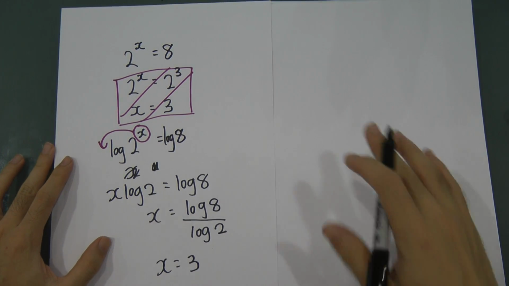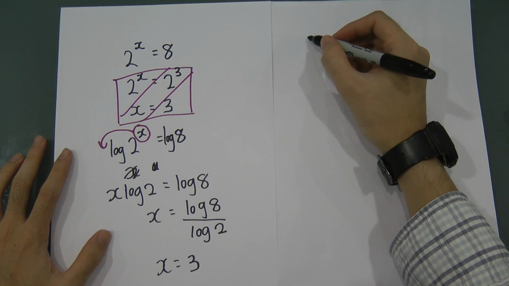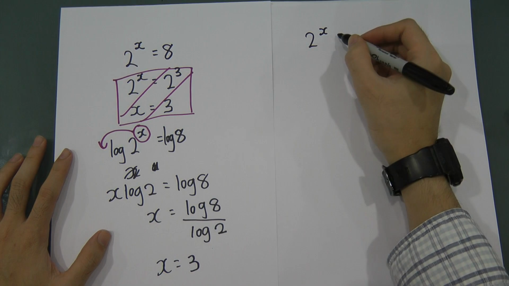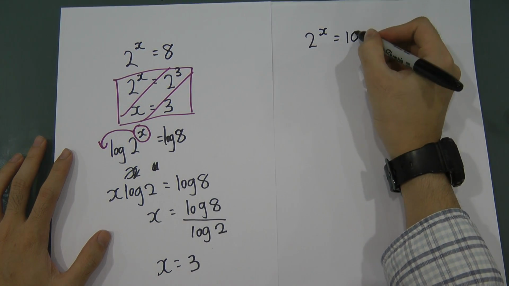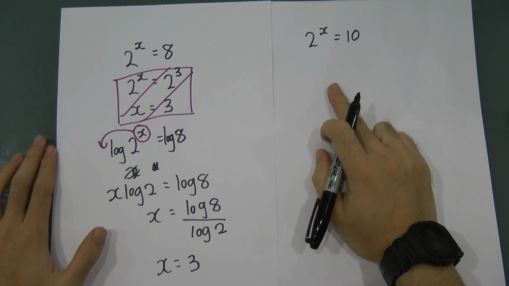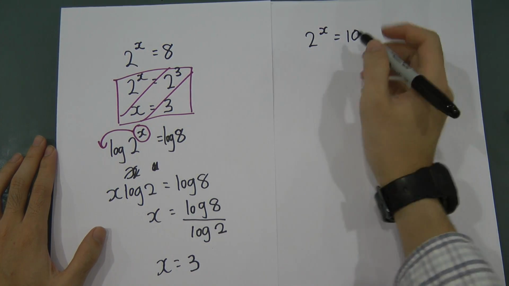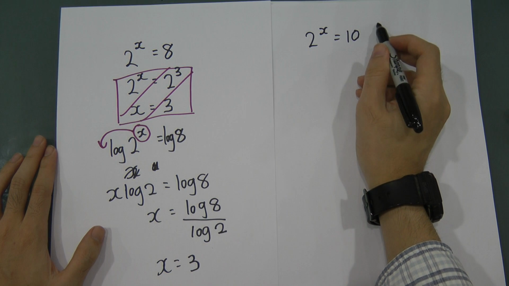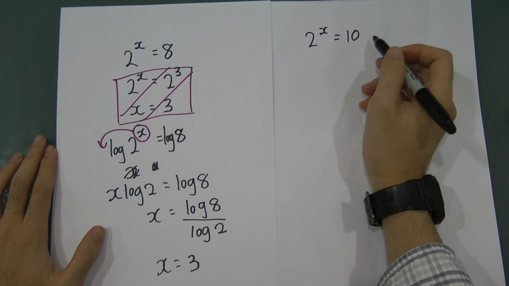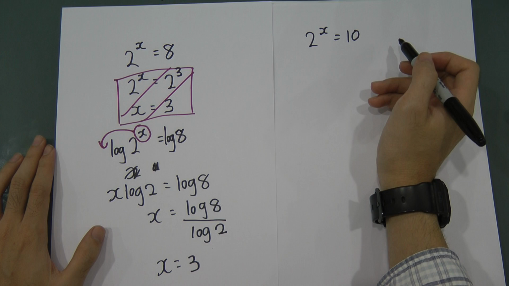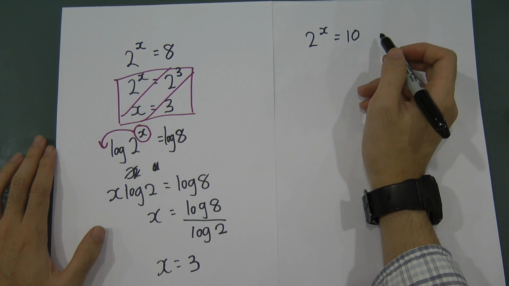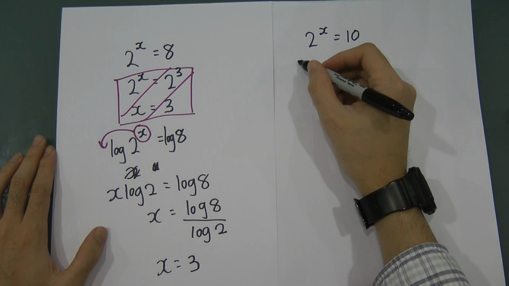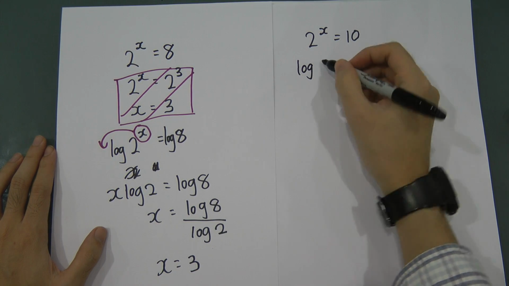For example, let's say 2 power of x equals 10. Over here we know that no matter how we simplify the 10, we cannot get 2 power of anything that equals 10. So in these cases, we have to use log. We have no other way to solve it. So same method, we add log for both sides.